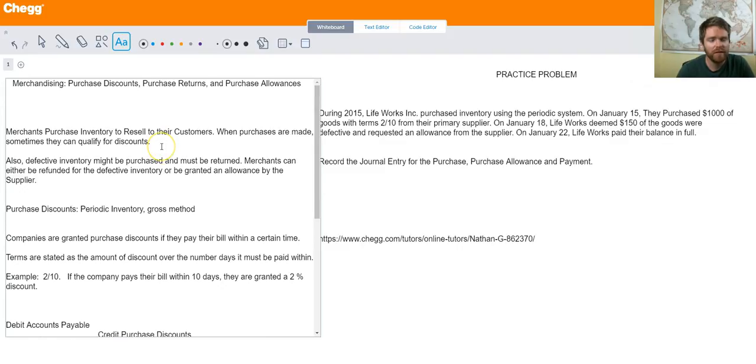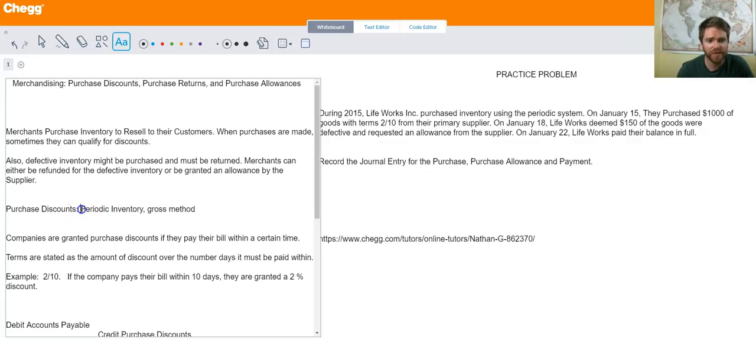Like I was saying, merchants will purchase inventory and resell it to their customers, and sometimes they'll qualify for a discount if they pay within a certain time period. Also, sometimes defective inventory might be purchased and may be returned. So the supplier can either refund them in cash or give them a purchase allowance. And so today we're just going to be focusing on the purchase allowances.